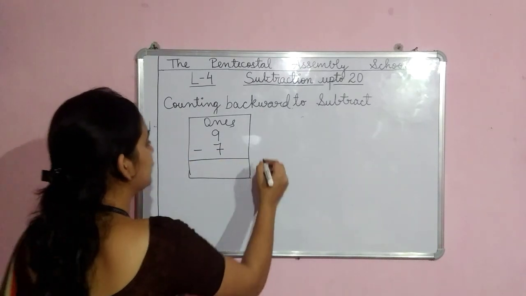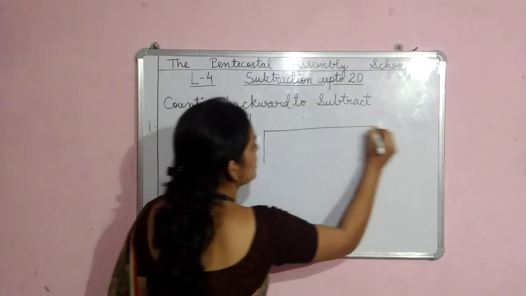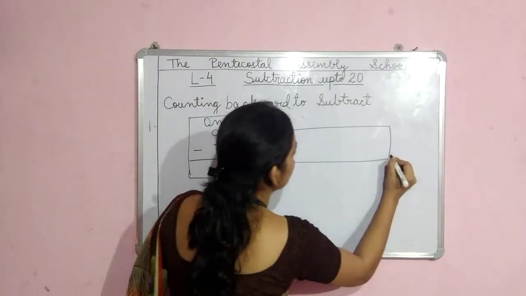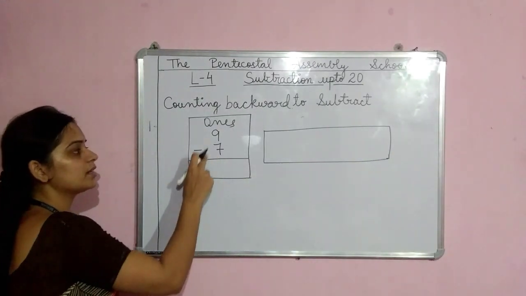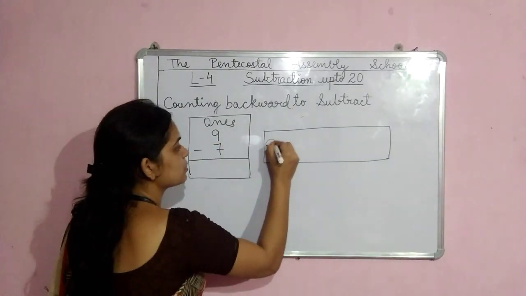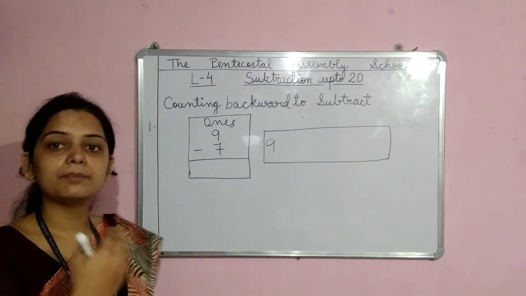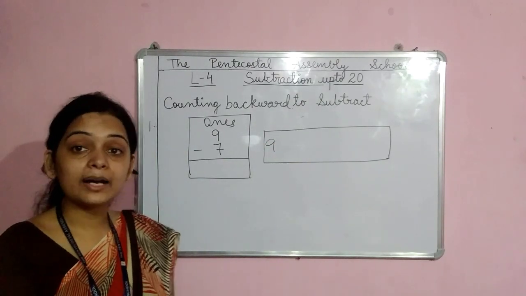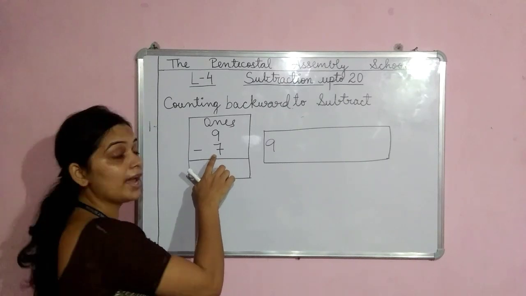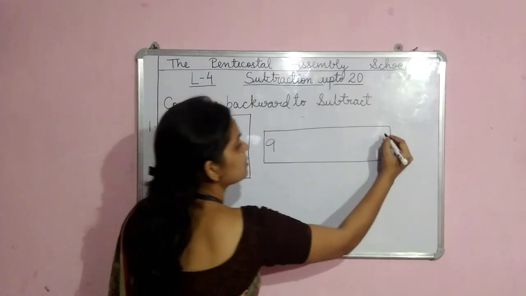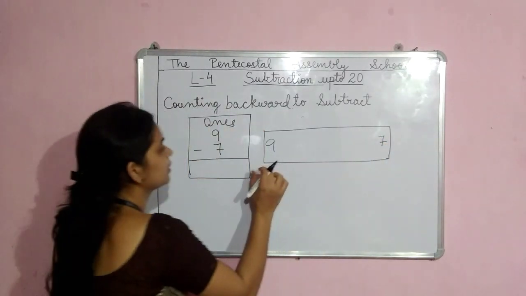So in counting backward, I told you, you have to start with the bigger number. So the bigger number is what, 9 or 7? 9. So I'll write here 9. And from 9 you have to go backward till 7. So I'll write here 7.